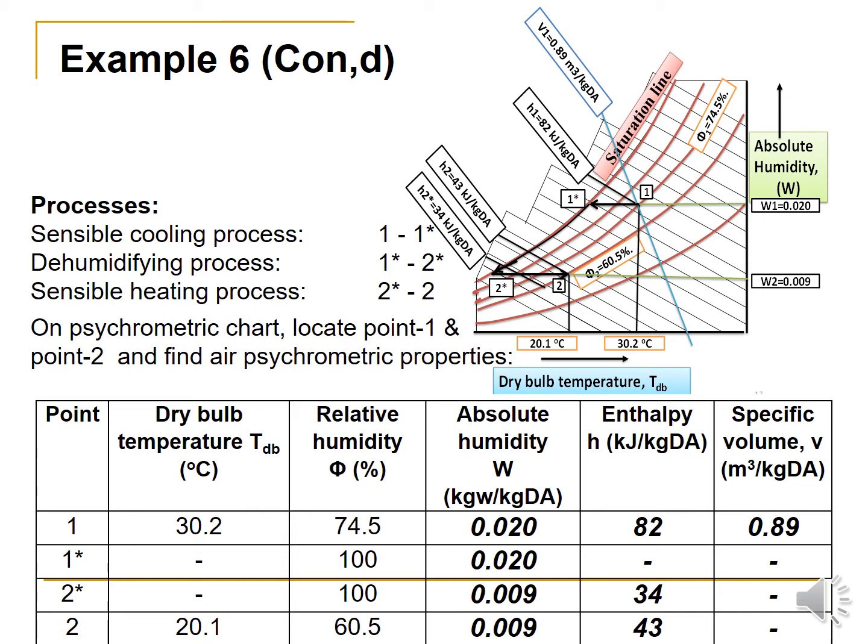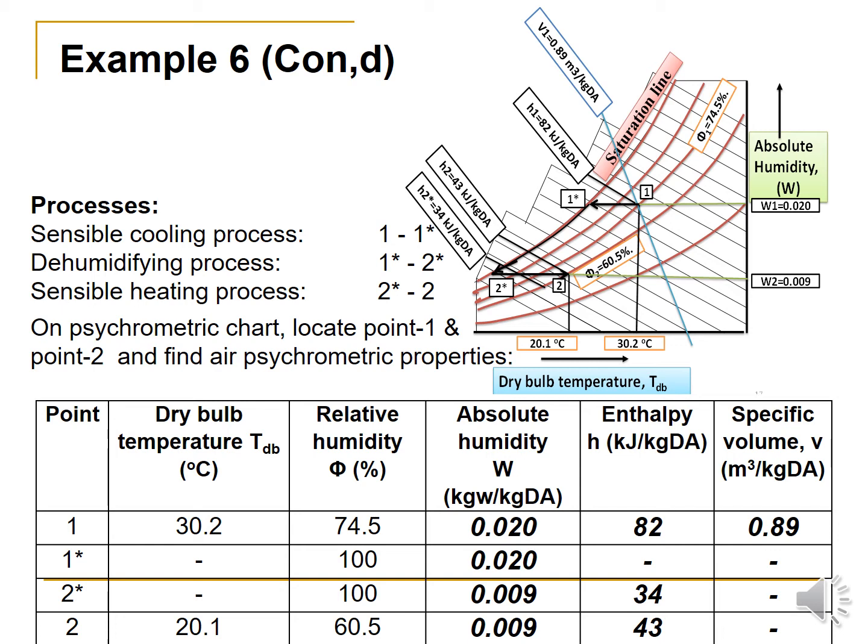At point 1 star, the absolute humidity will remain the same, as presented in the second row of the table. The relative humidity will reach 100% at the saturation point, so this will be the dew point. Up to the dew point, the absolute humidity or humidity ratio will remain constant.